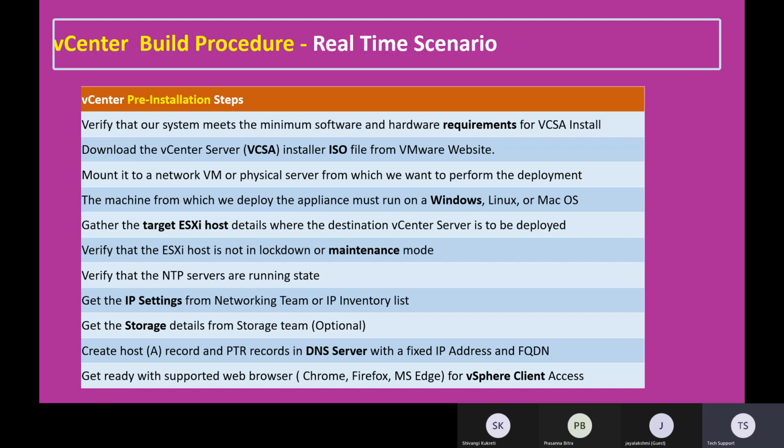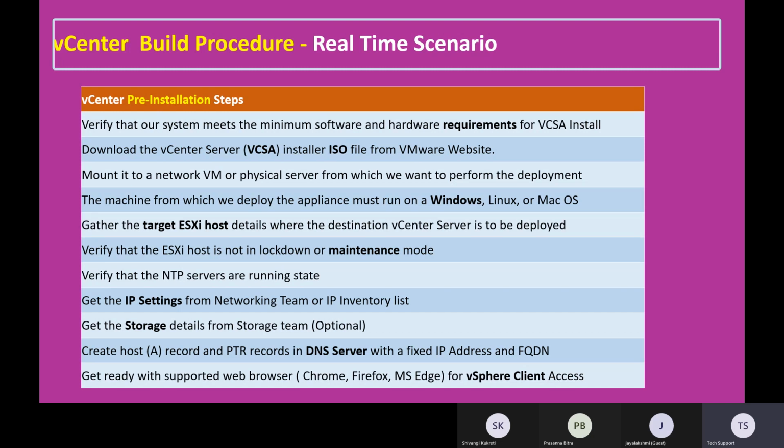That is also one of the requirements. And also the hardware requirement. Hardware means do we have enough CPU, enough memory, enough storage, and also the NIC card. So these four requirements we should meet, and only then can we start the installation of vCenter server.